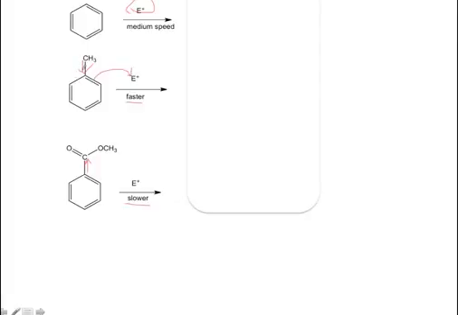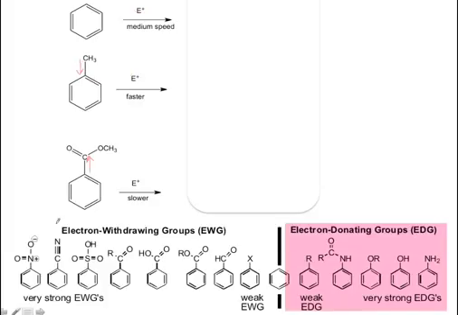Anything that will donate electron density will make this reaction go faster because there will be more electron density. Any group that pulls electron density away from the ring will slow the ability of the ring to grab the electrophile. There is a chart like the one shown on the bottom of this page in the Stromanis workbook, and there's a very similar one in Chapter 9 in McMurry.